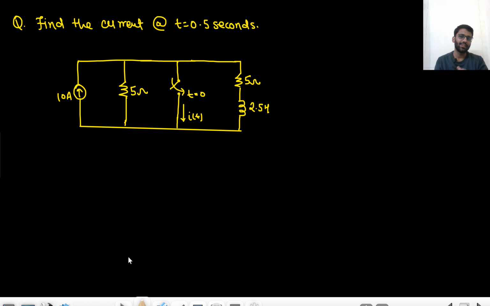The current in the switch at t equals to 0.5 second. So for t less than 0, steady state would have been reached. Why so? Because here I am applying 10 ampere current source, right? This is not 10 u(t), so 10 ampere would be coming from t equals to minus infinity. Steady state would have been reached.